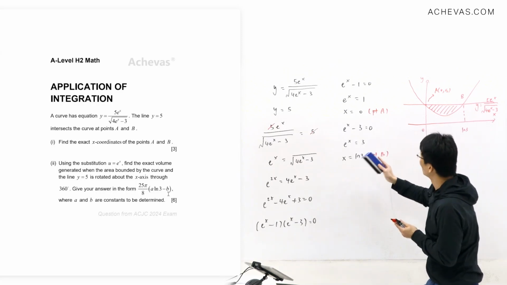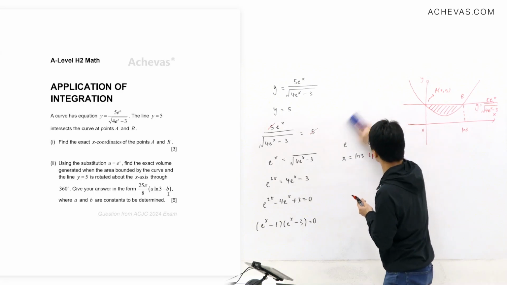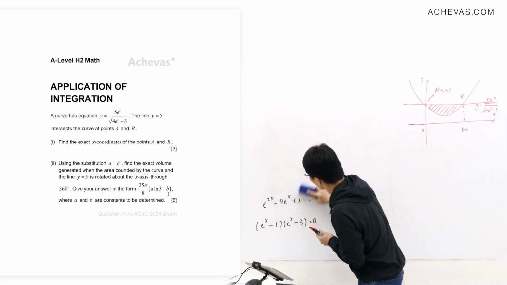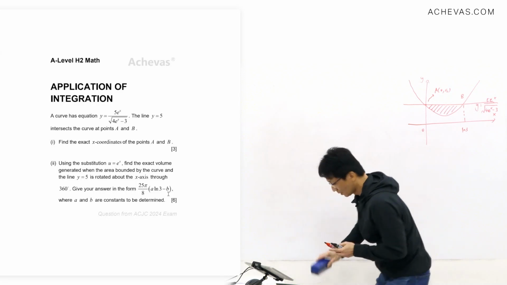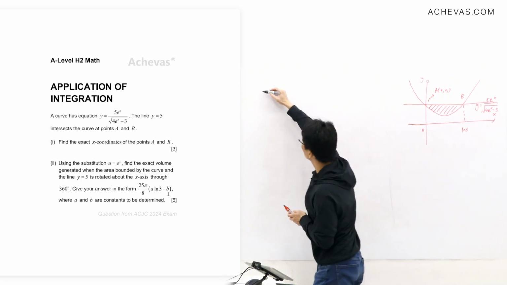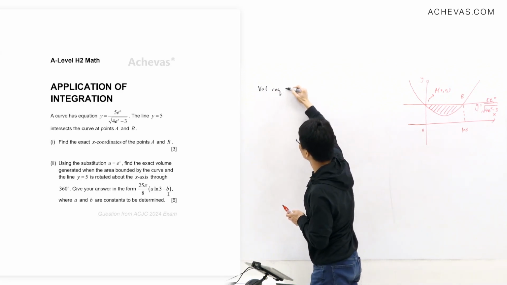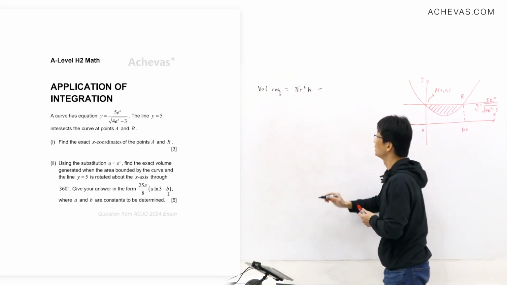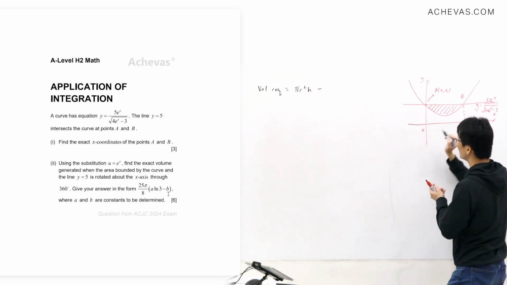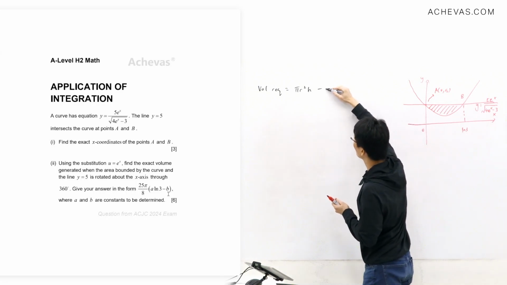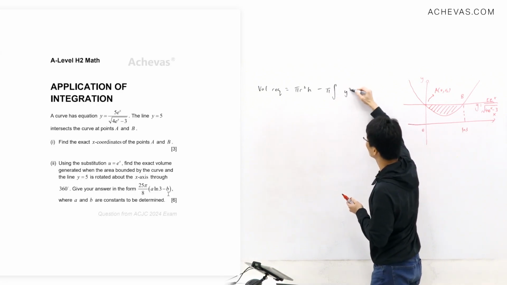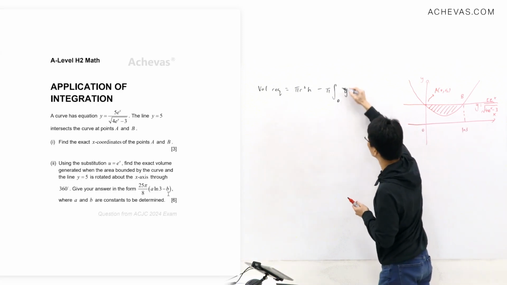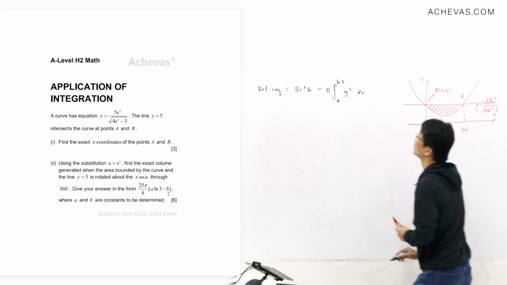So let me just write it down here. For the volume required, it will just be pi r squared h, which is the volume of the cylinder, minus away the volume underneath the curve, which is given by pi integrate y squared with the limits at 0 and ln 3.